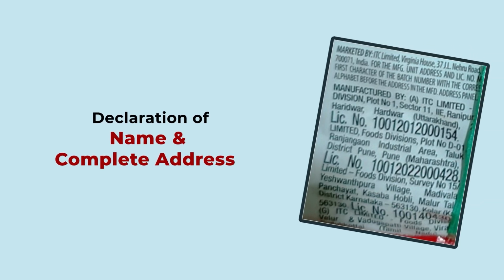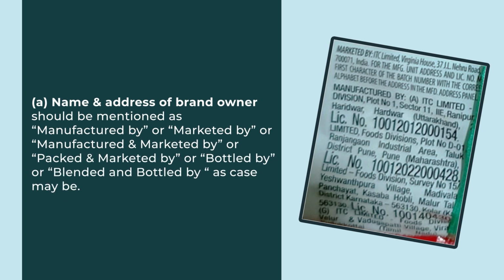Then there is also compulsory requirement for the declaration of name and complete address of the brand owner. That should be there on the label, and it should be mentioned as either the manufactured by or marketed by, or the manufactured and marketed by, or packed and marketed by, or bottled by, or blended or bottled by, as the case may be.